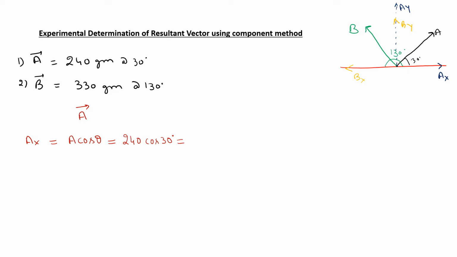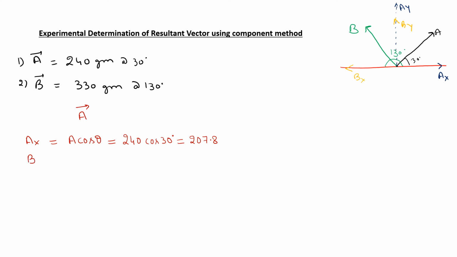When I calculate this by using my calculator, it comes out to be 207.8. That's just a component. So this is our A of x.